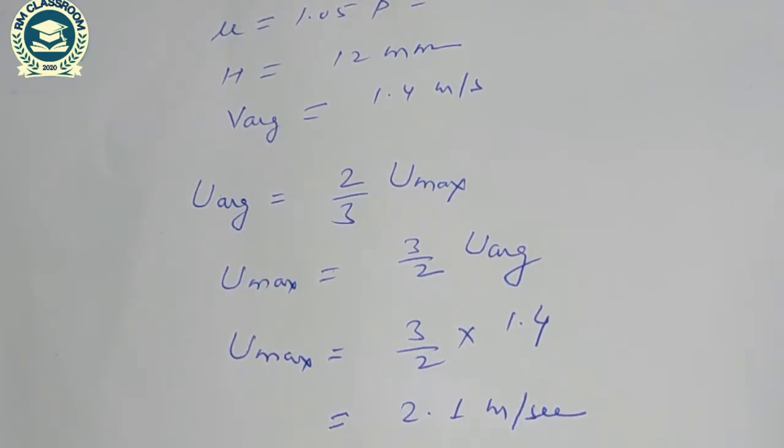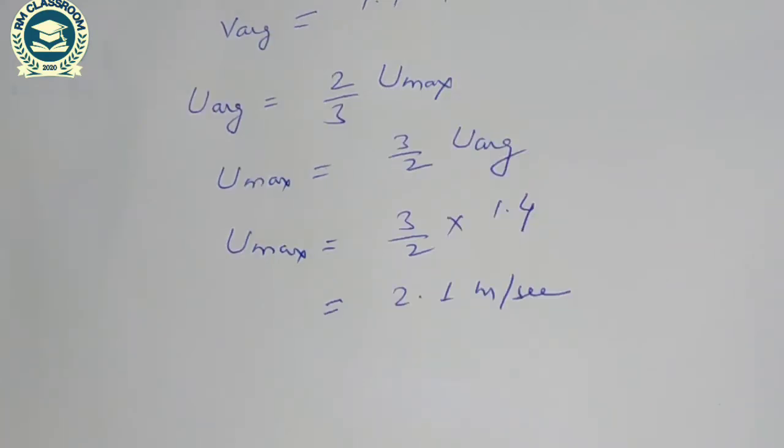Second part we have to compute velocity and shear stress at a distance of 2 mm from one of the plates. And for the computation of velocity and shear stress at a distance of 2 mm from one of the plates, we have to compute the pressure gradient.